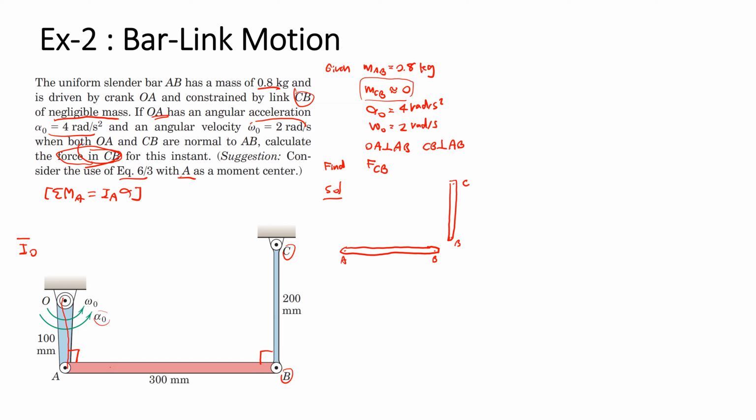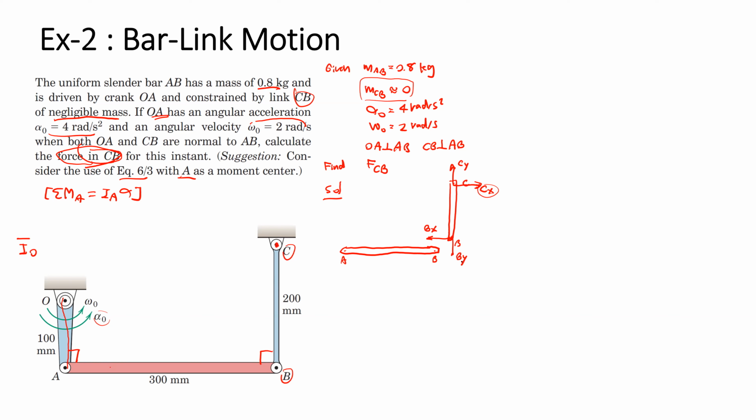To prove that CB is a two force member, at the point C, we may have Cx, Cy. And at point B, the connection point, to make it in equilibrium, the Bx should be on the opposite, and By on the opposite direction to Cy.